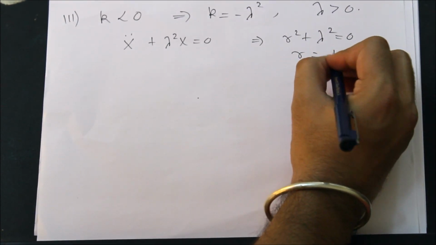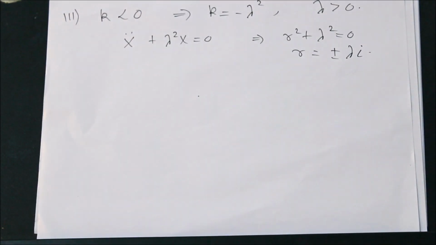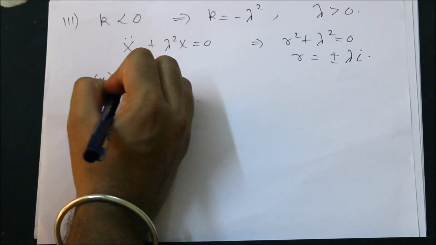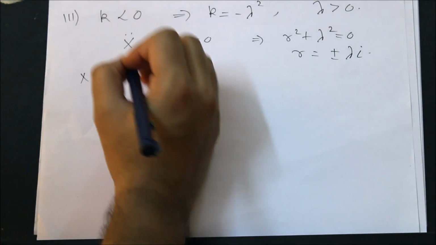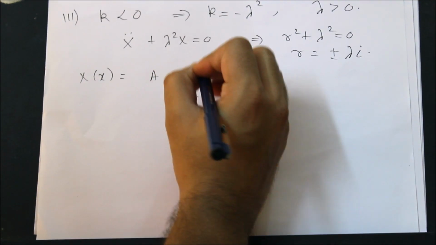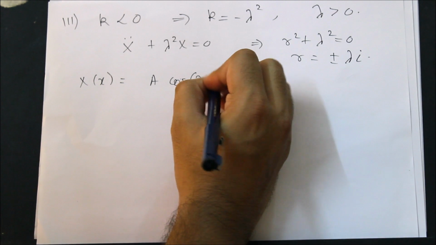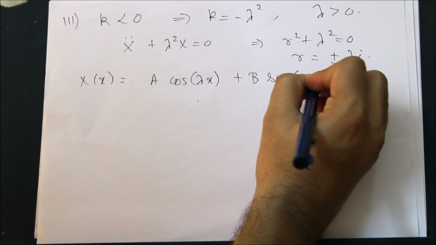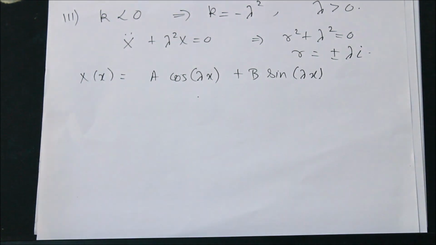So your r is plus minus lambda i. And therefore you have x of x equal to a cos of lambda x plus b sine of lambda x. So this is what we are left with.